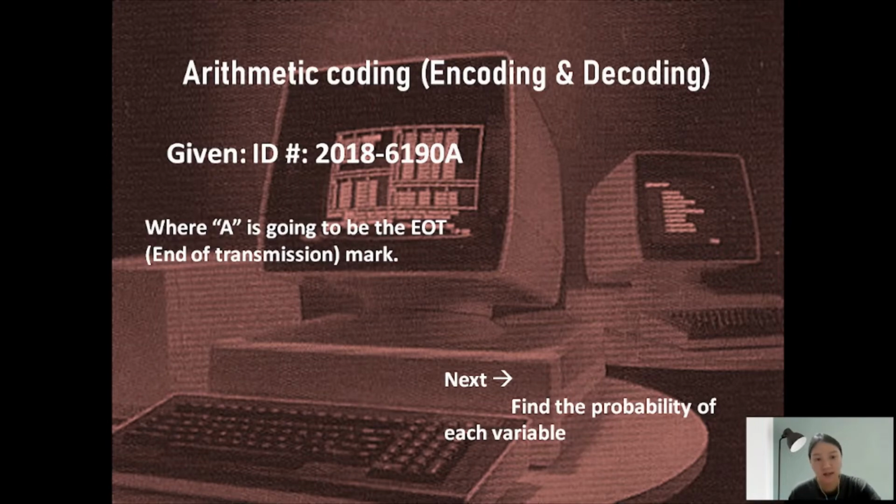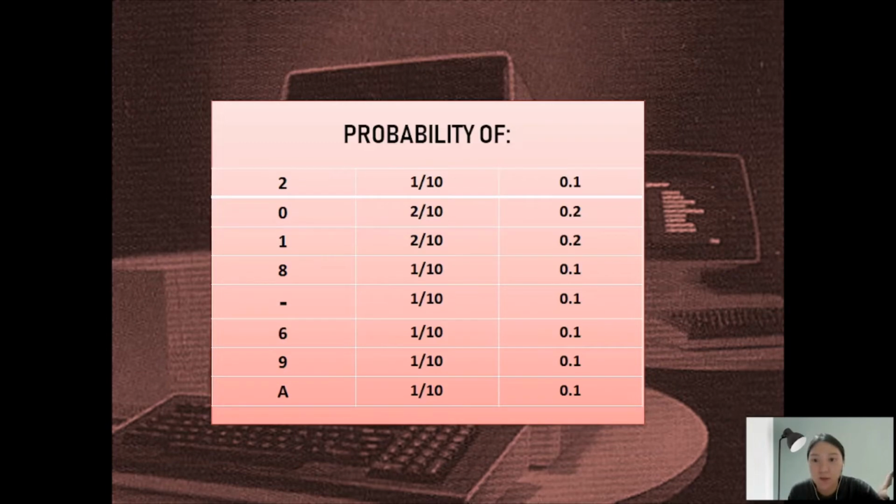Next, we're going to find the probability of each variable. The probability of 2 is 1 out of 10, which is equivalent to 0.1. The probability of 0 is 2 out of 10, or 0.2. And 1 also has a probability of 2 out of 10, or 0.2.